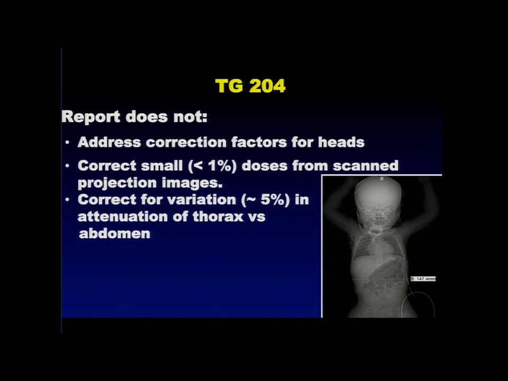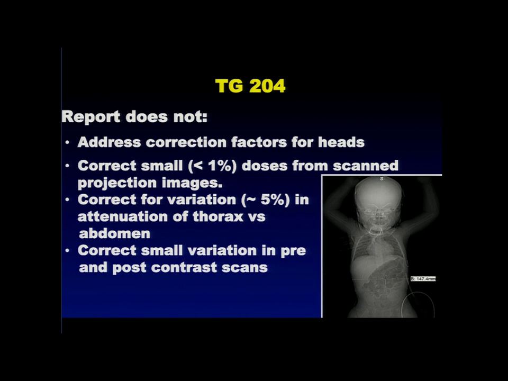It doesn't correct for the variation in attenuation of the thorax versus the abdomen, which is about 5 to 7%. It doesn't correct for the small variation in the pre and post contrast scans, which doesn't really matter because you're not supposed to do those anymore. You're supposed to do one or the other and be done with it.